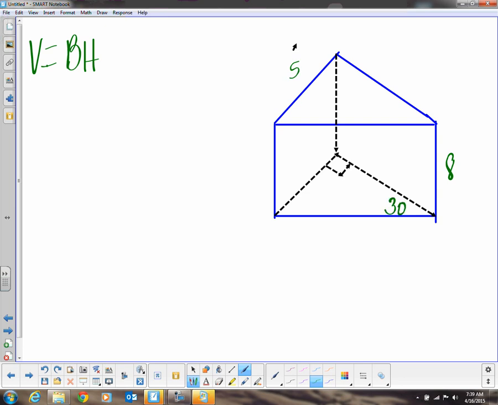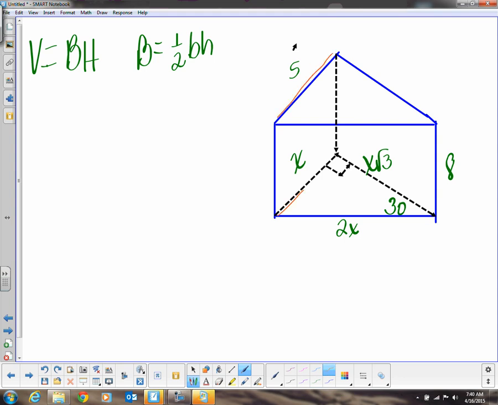All right, so what's capital B formula? What's the base? Okay, where did you get 1/2 little b little h? It's a triangle. What's the relationship between any base and height? Perpendicular. All right, so what do we have on this base? Opposite 30, opposite 60, opposite 90. All right, now, what side have we been given? The 5. Do you see that side?